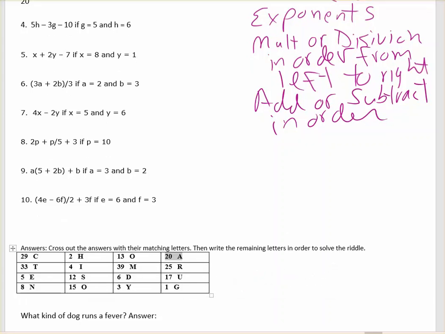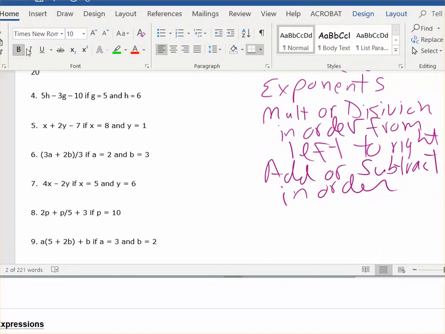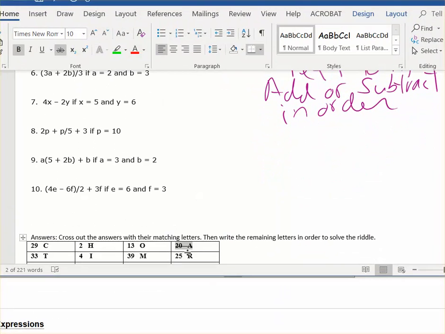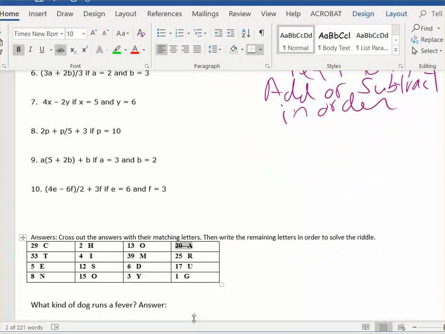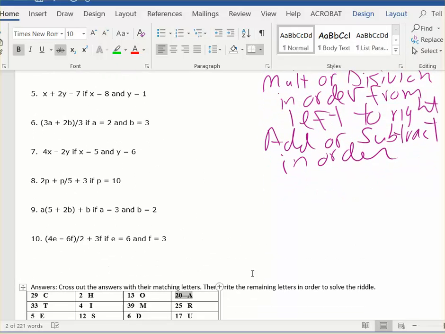You can cross out different ways. One way is to use the strike through tool. If you go to home in your Word and then strike through, that will cross it out. So that's one way you could cross out. If you're writing this by hand, you could just draw an X through it. And then we do another problem, and then we'll cross it out.